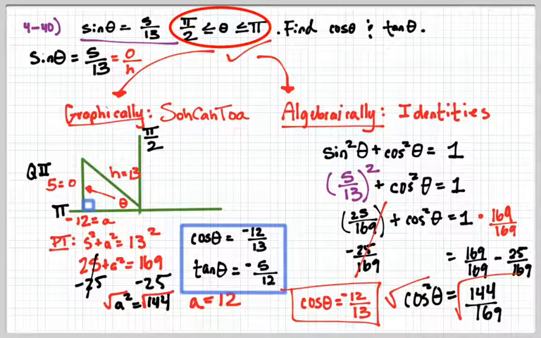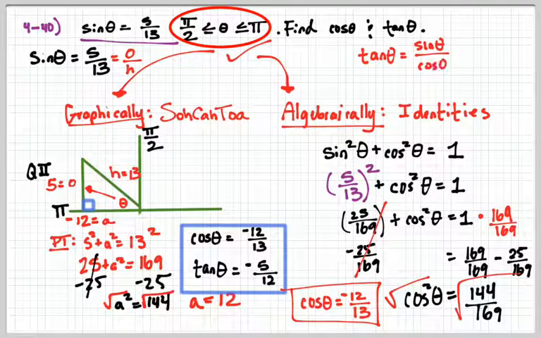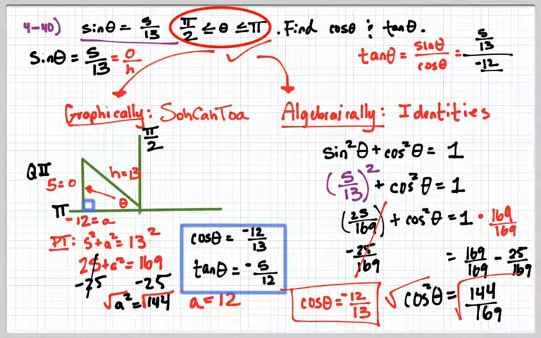Isn't there something like tangent is equal to what? Sine over cosine. Have you already solved for both of those? All right, go ahead and write the fraction: 5 over 13 divided by negative 12 over 13.